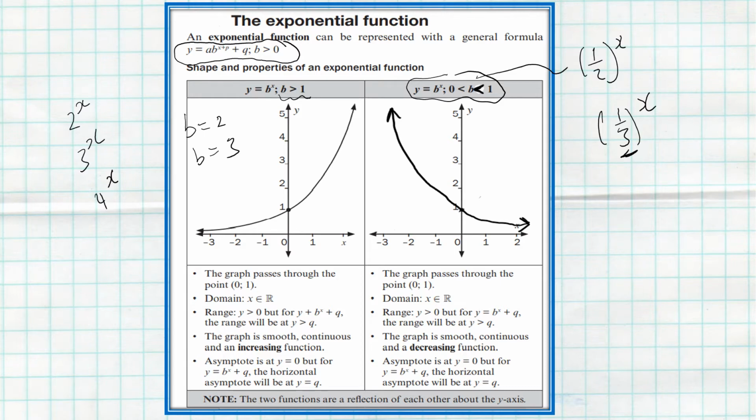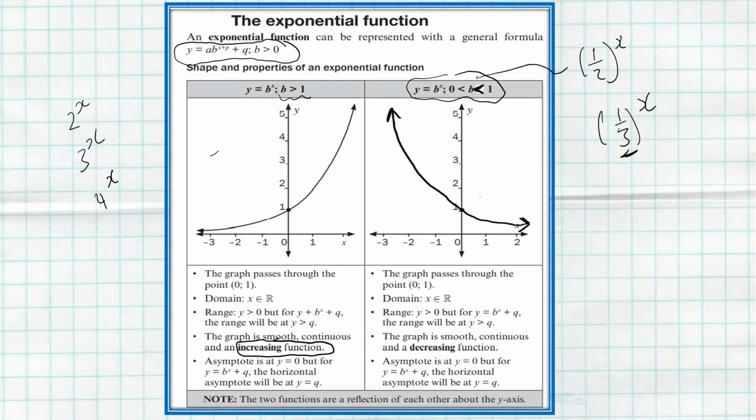So we call this function an increasing function, and this is its shape. And most of the cases, I just tell my learners that this is an increasing function, right? We say this is an increasing exponential function. As you can see, it's an increasing exponential function.